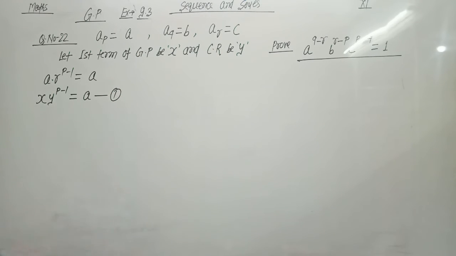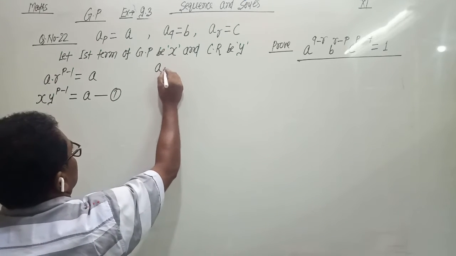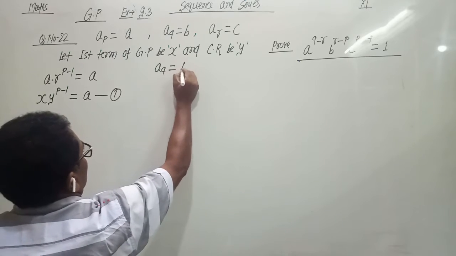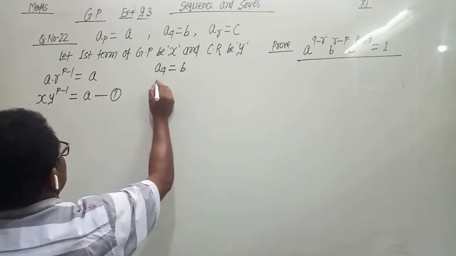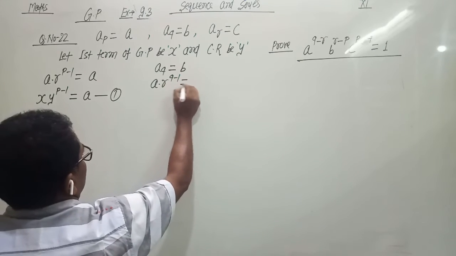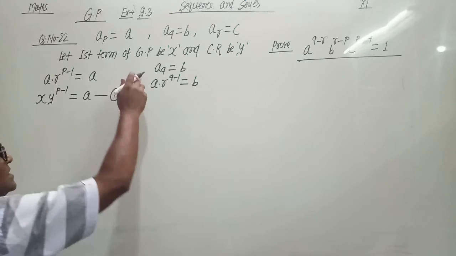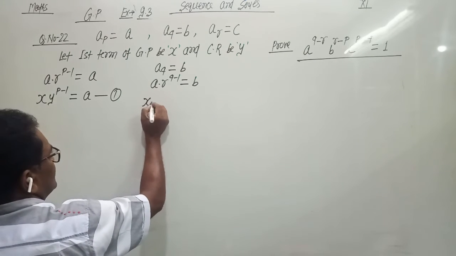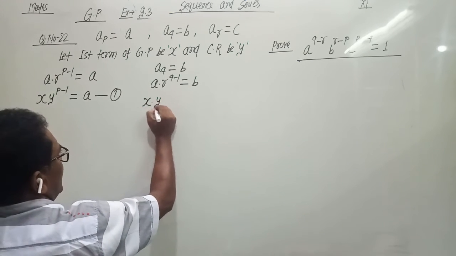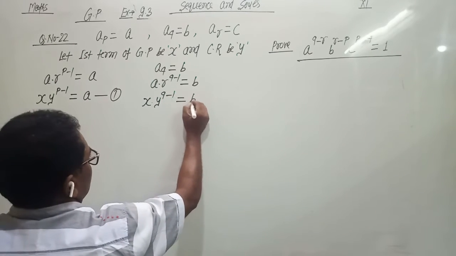Then we have given the qth term is b. So the qth term means a into r raised to the power q − 1 equals b. But a is the first term and we have assumed the first term as x, common ratio y, so x into y raised to the power q − 1 equals b.